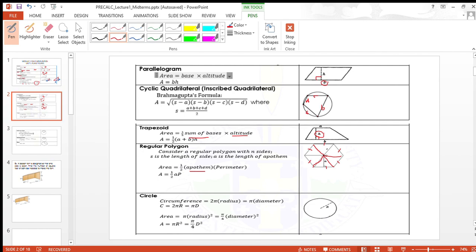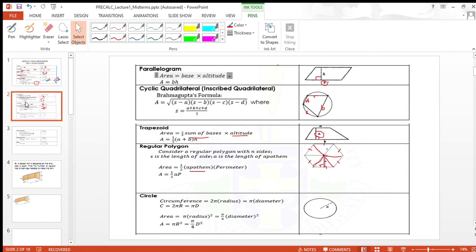The perpendicular distance from the center of the polygon to each side of the polygon is called the apothem. Or another way of getting the area is to isolate one isosceles triangle, get its area using 1/2 base times height, and then multiply it by the number of sides of the regular polygon. In this case, since we have a six-sided polygon, we get the area of one triangle times 6.